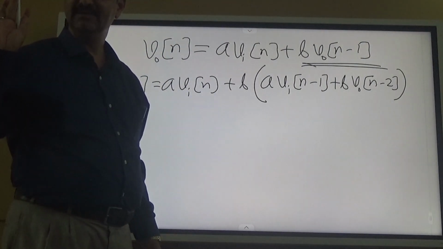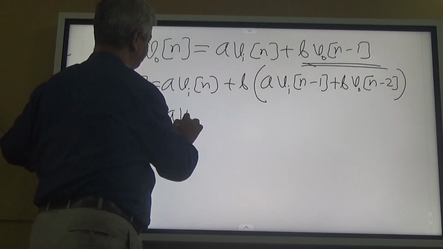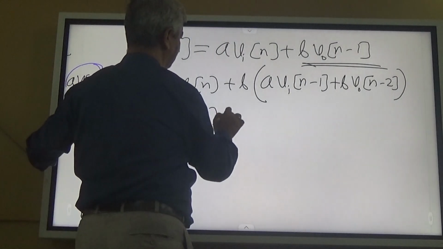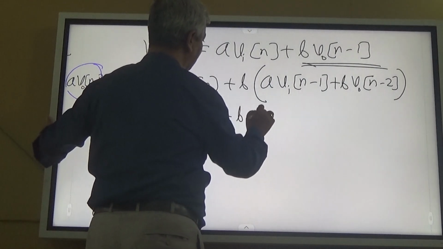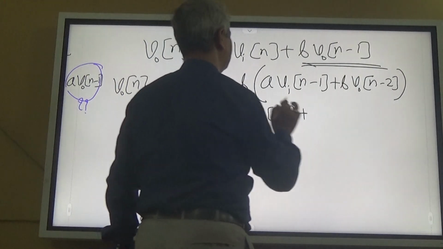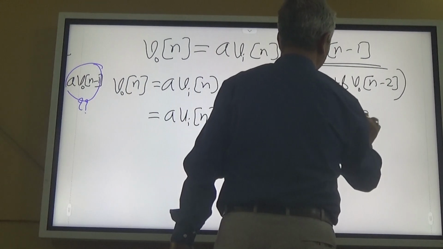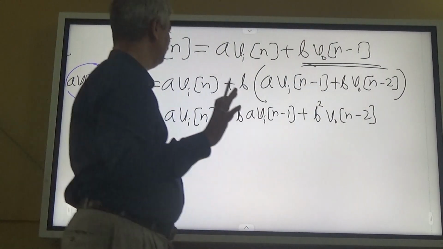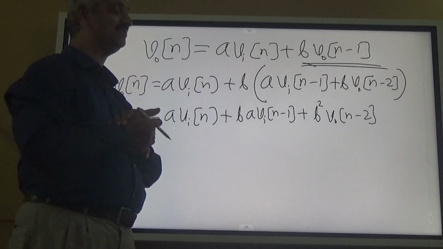Is it okay? So what is it then? A V_in n plus B into A V_in n minus 1 plus B square V0 n minus 2. Is it right? Then also you can again change.